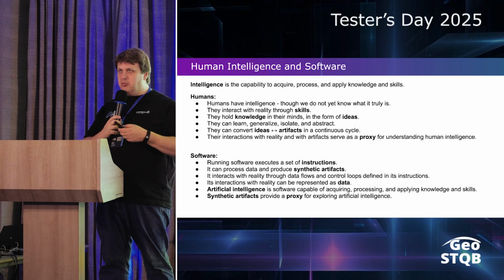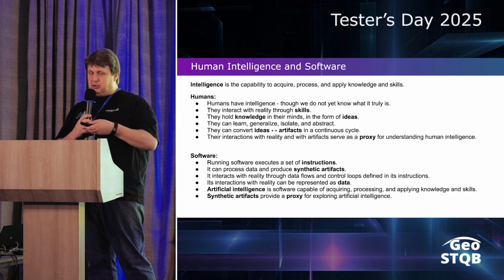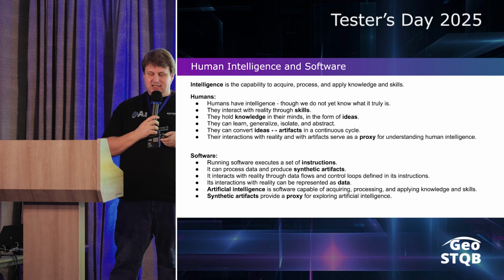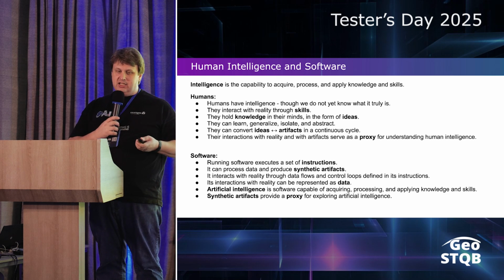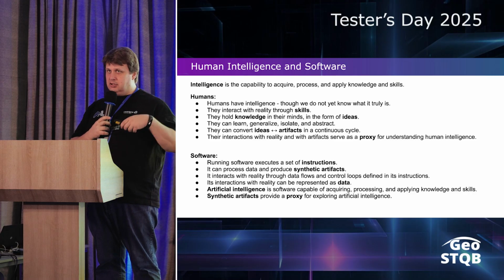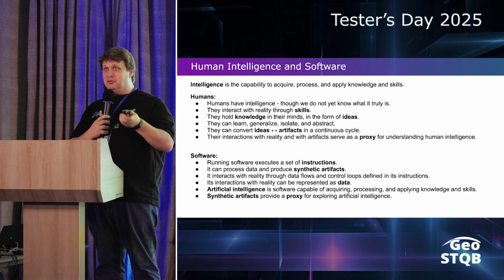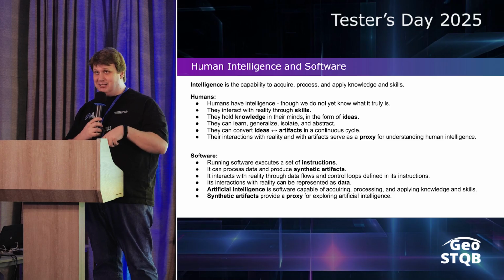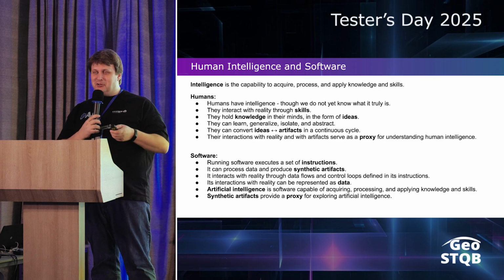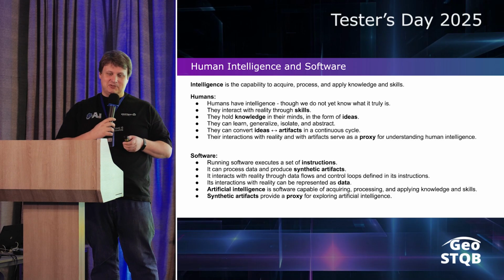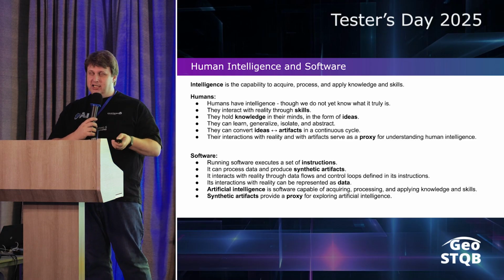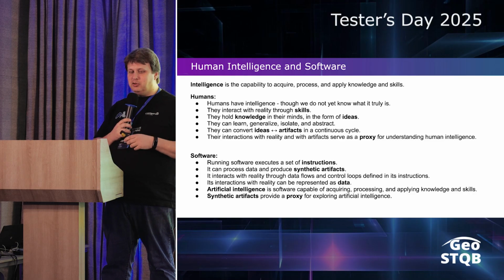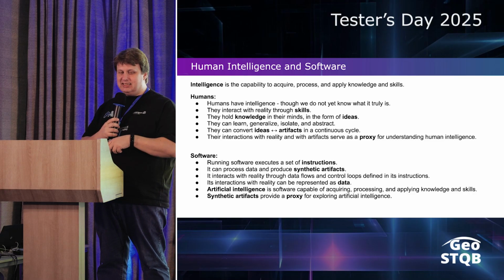So we know that humans have intelligence. We do not know what intelligence is. We know that humans store knowledge in forms of ideas, and they convert ideas into natural artifacts and back. And they can also process various artifacts, not data sets. Software has no ideas, but it is able to process data sets and artifacts.